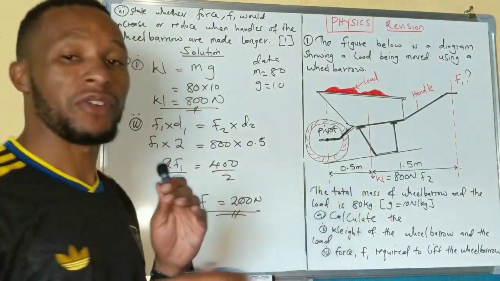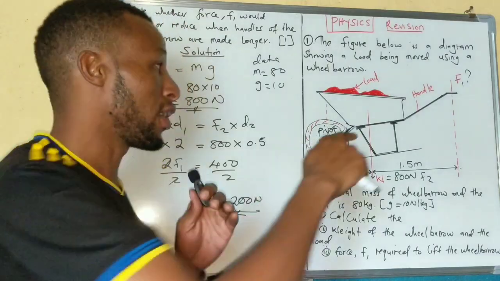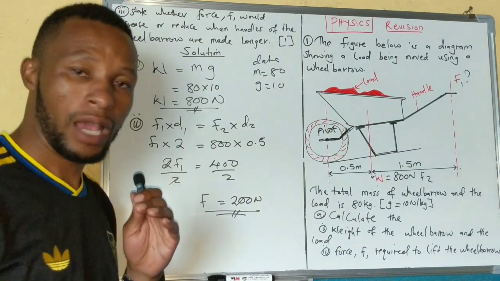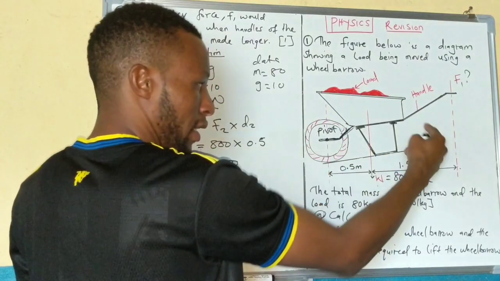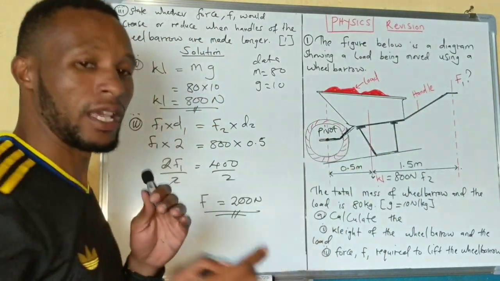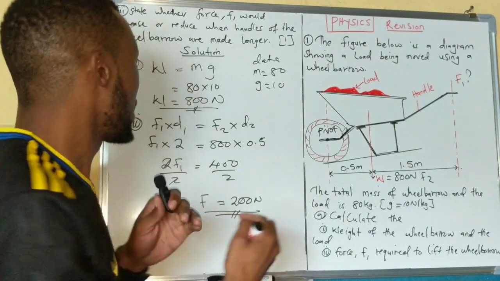That means this will simplify your work. If that handle becomes longer, then the force you are going to apply will reduce. From 200, it has to reduce. But if you make them shorter, meaning you are reducing the distance from where the force is to the pivot, then you expect someone to apply a lot of force.